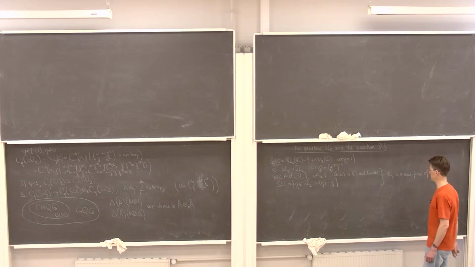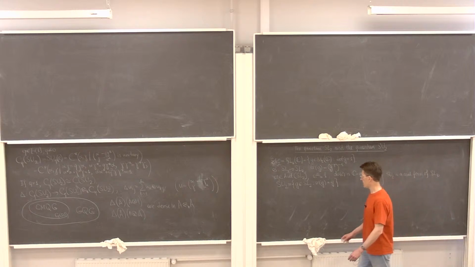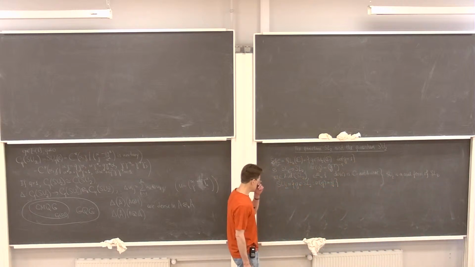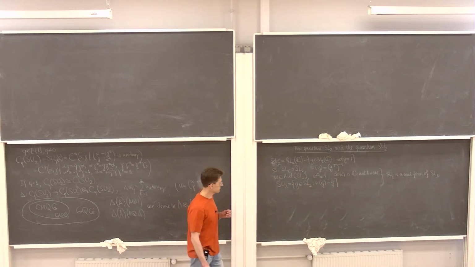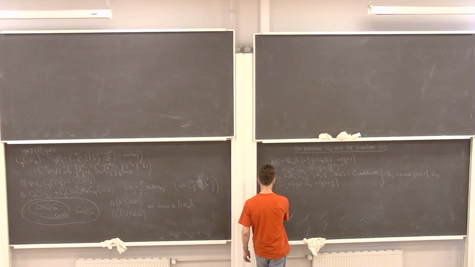I'll not give you the definition of a real form in the general case, but basically we have these two conditions. Okay, so let's now look at the algebra of regular functions of SL2.